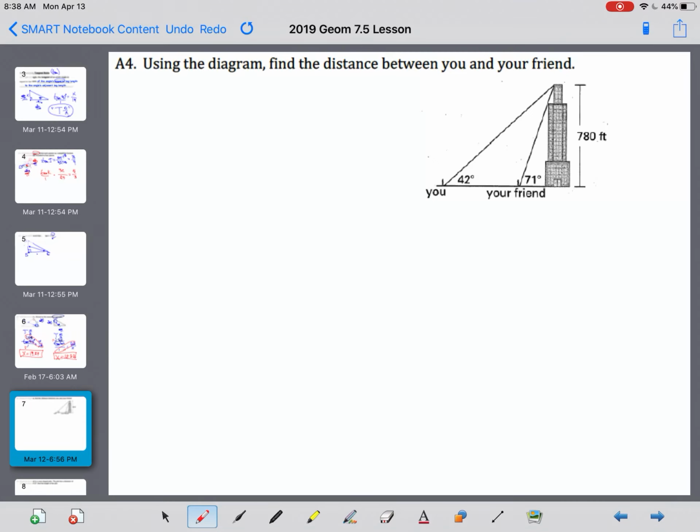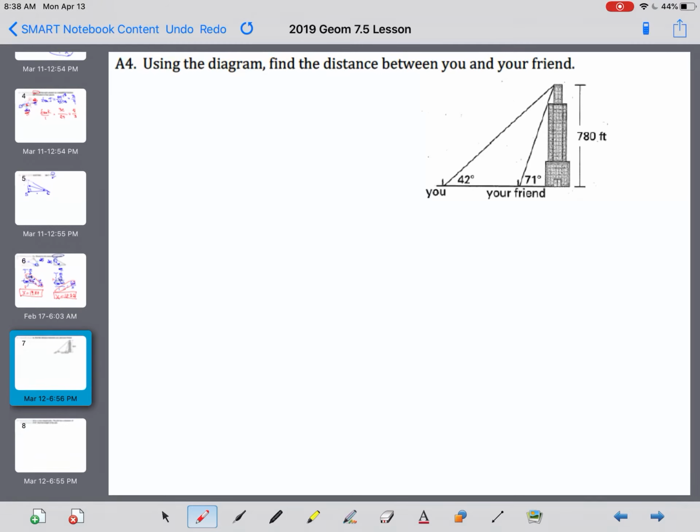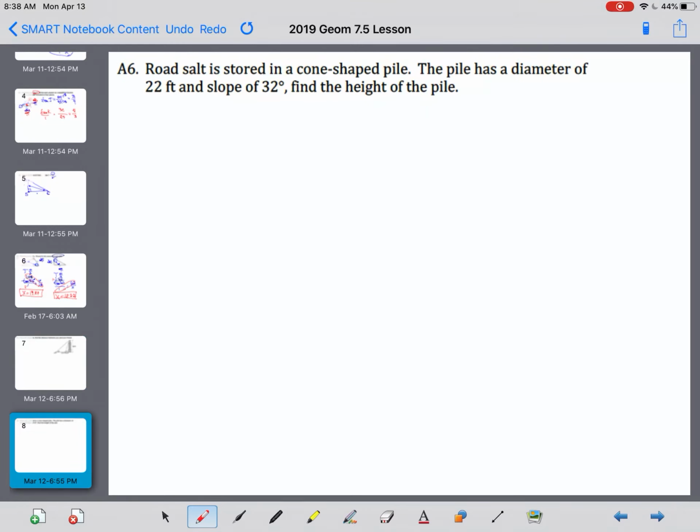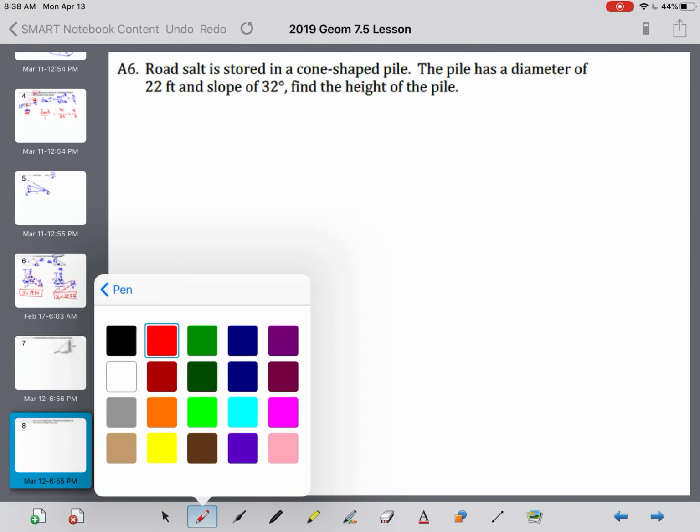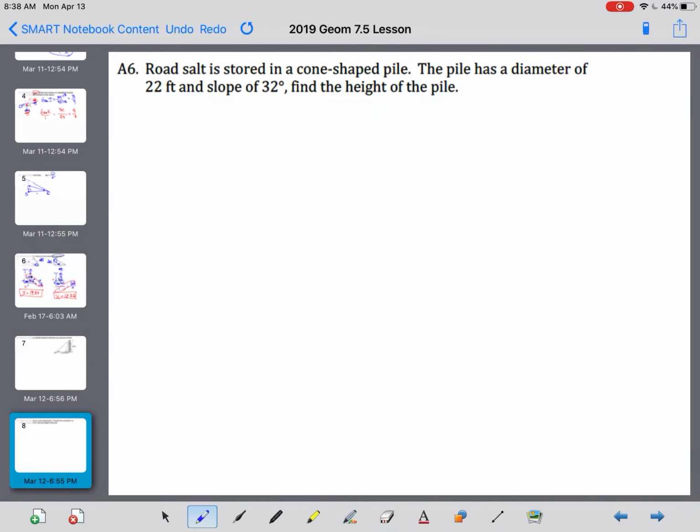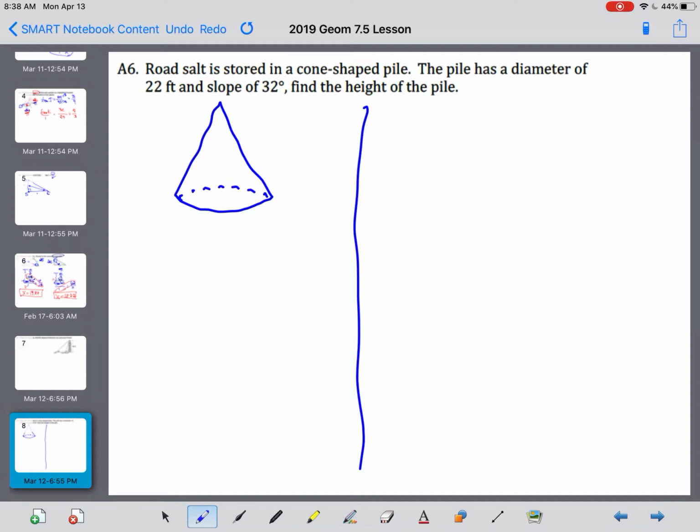Now, this problem we're going to pass on. Let's take a look at this last problem. Okay, so the road salt is stored in a cone-shaped pile. Remember my general rule with these types of problems is we split our work area and we make a sketch of a cone that's upside down because that's the way salt is stored.